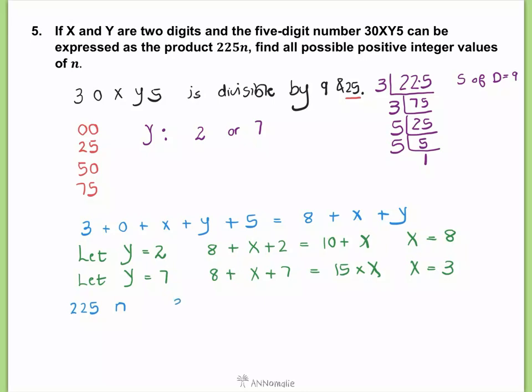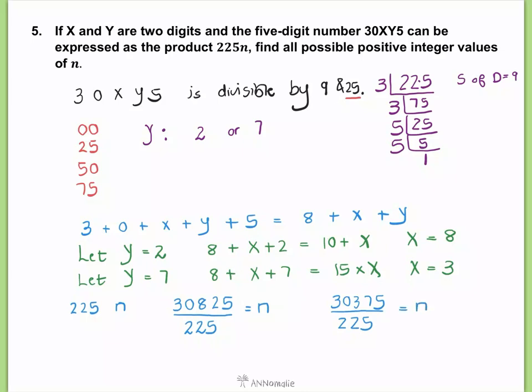So we've got 3, 0, x equal to 8, y equal to 2, 5. And if we divide that by 225, we will find n. That will give us n if we simplify this fraction. On the other hand, we will also have 30375 divided by 225 to give us another value of n.